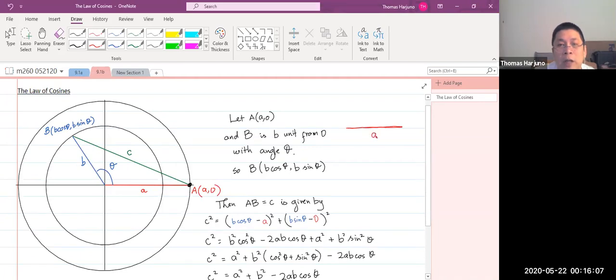Let's say this is side A, and this is side B, with angle theta between them. That's what is given, and we need to find the length of the opposite side of theta.